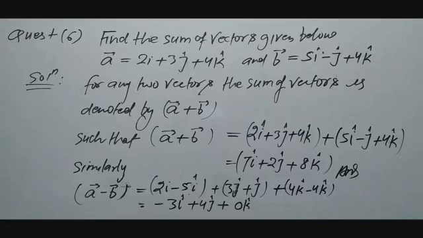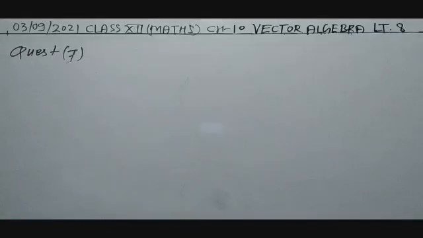Now I will come to the next question. The next question is question number 7. Question number 7 is find the unit vector in the direction of given vector.